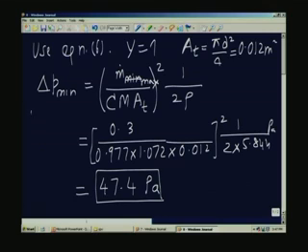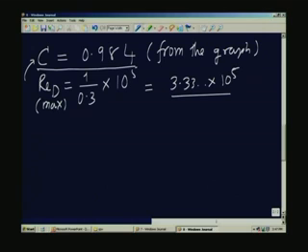So C will be equal to 0.984 corresponding to the new value, and m dot maximum will be equal to 1 kg per second. All I have to do is substitute these values, and the value of delta P will be obtained.